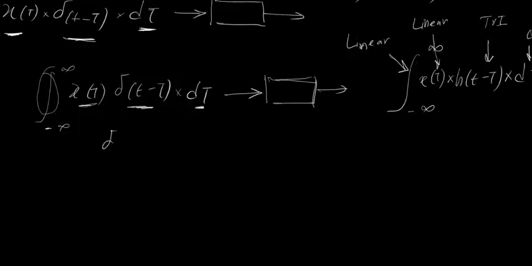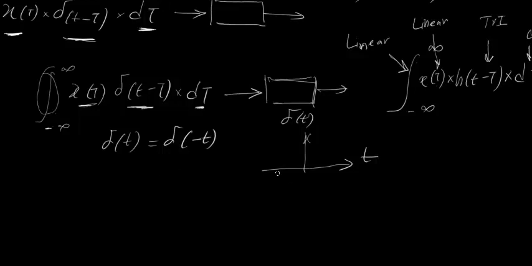Now, delta of t is an even function, which means delta of t and delta of minus t are the same. To convince yourself that this is the case, just draw delta of t over t. Here's delta of t.